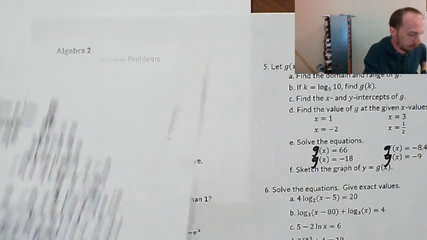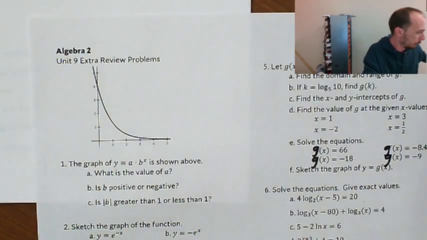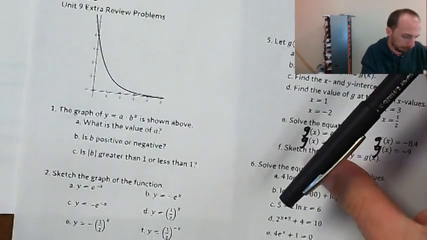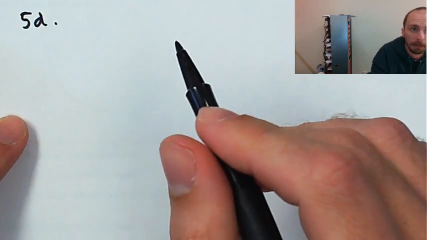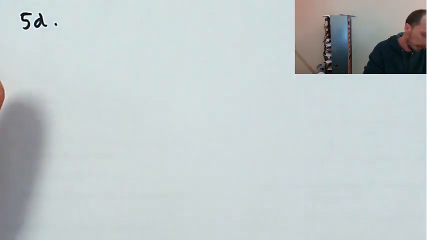Okay, I think I'm going to switch over to a different piece of paper to do this. All right, so 5D, and this is where I'm going to correct the mistake I made earlier, not graphing 4D.